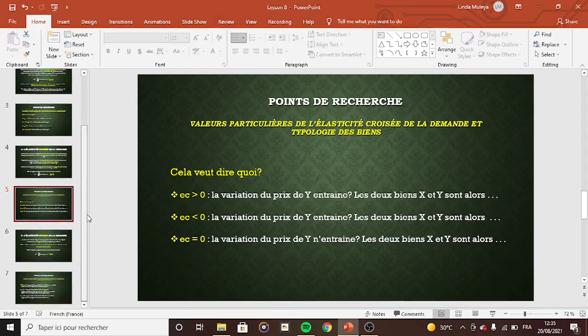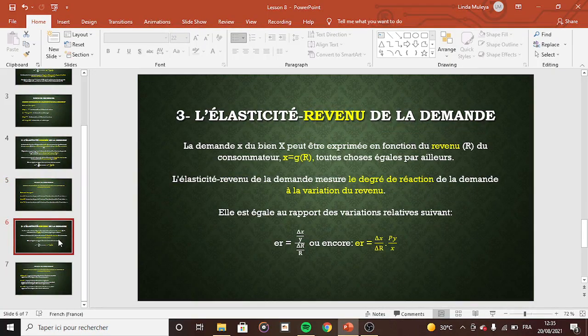And yeah, lastly we come to élasticité revenue de la demande. So in this case, if you've been following, the general idea is now that we're looking at the demand of good X in terms of the amount of money that our consumer has.